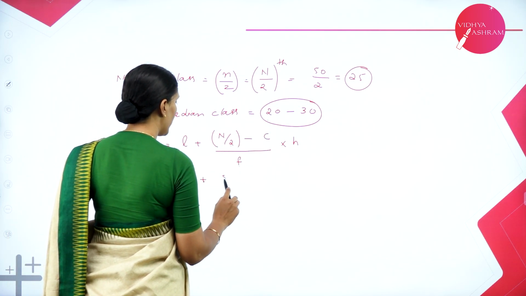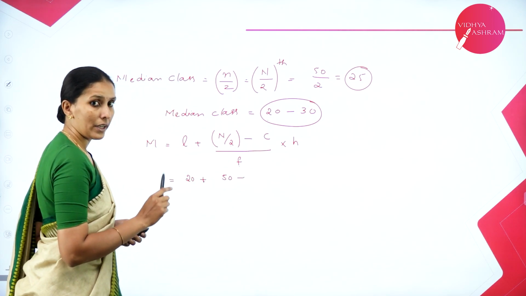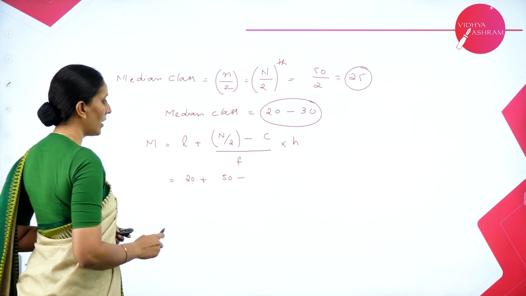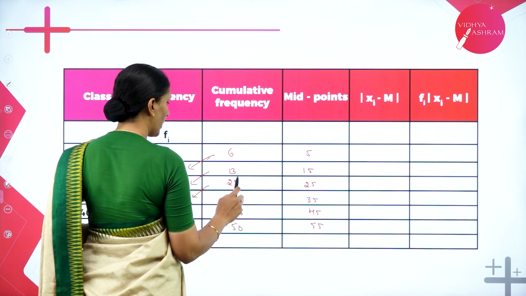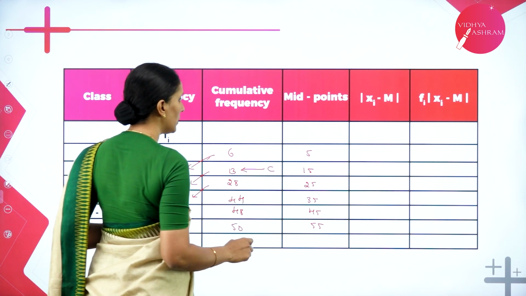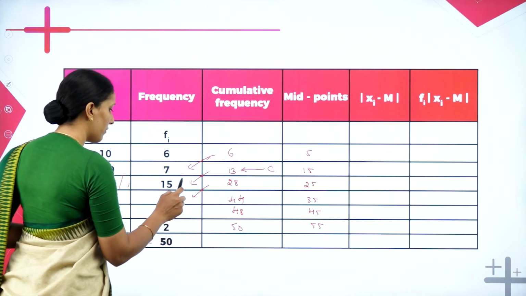So first let us find L, the lower limit, 20. N by 2 we got it as 25. Now C is the cumulative frequency of the previous class before 20 to 30. So let us find it. So 20 to 30 contains the cumulative frequency 28. We need to take the previous one. So this is C. So what is the value? 13. So we'll write here 13. And F is the frequency.